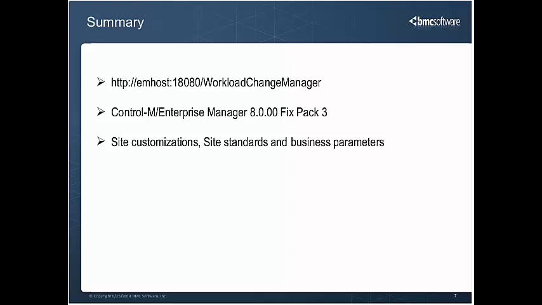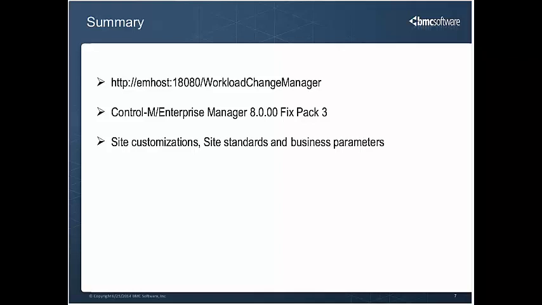Here is the Enterprise Manager host name and the port of the web server, and we only add Workload Change Manager instead of self-service. Remember that Workload Change Manager is available since 6.3 for Control-M Enterprise Manager 8. So you need to install 6.3 on your Control-M Enterprise Manager server and clients in order to see the new options added on the client side, and also to get the Workload Change Manager web app deployed on the Control-M web server. And once you have activated the product, you can start using it.